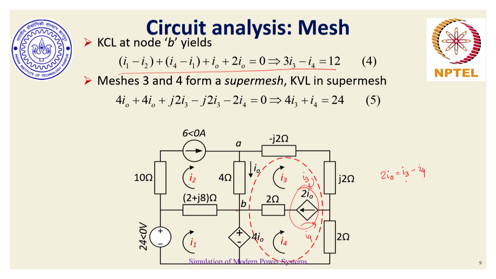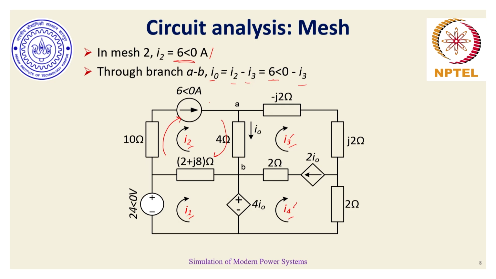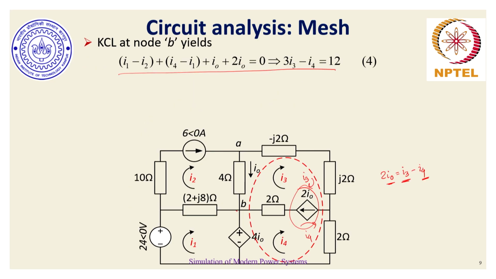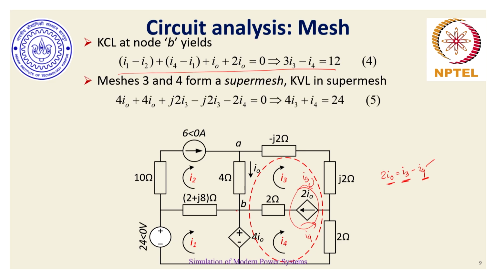That means if I know what I3 is, I can easily get to know what I4 is, provided I know what I0 is. We have already defined I0 in terms of 6 and I3. So in a way, I3 and I4 become very strongly dependent on each other. If we know one current, the other current gets known. The same is the idea as we defined for super node.